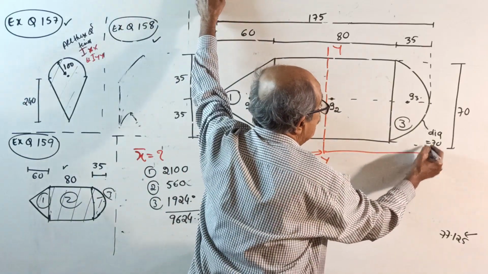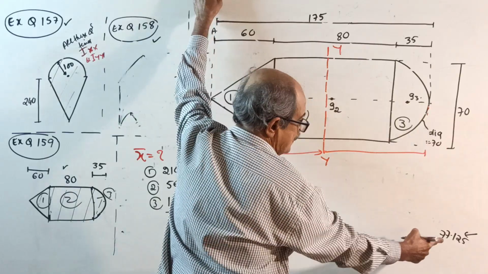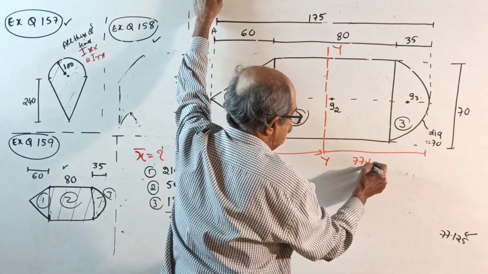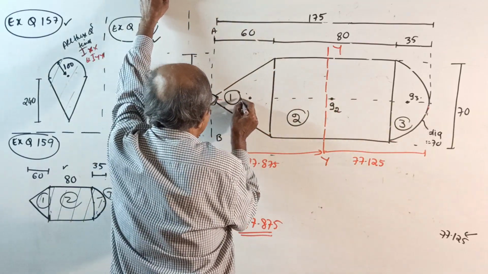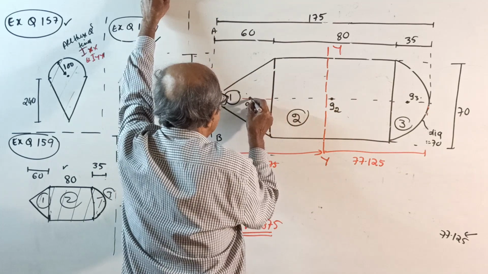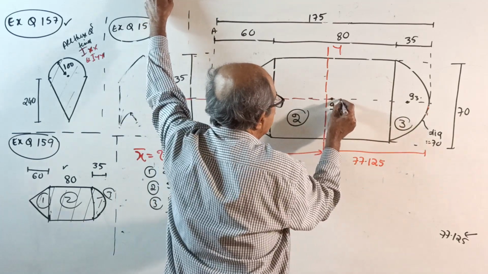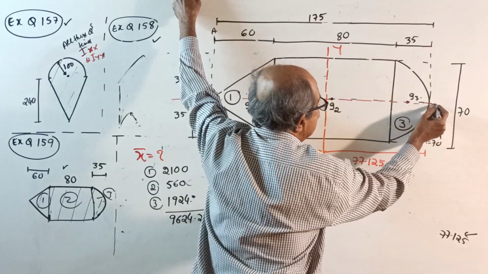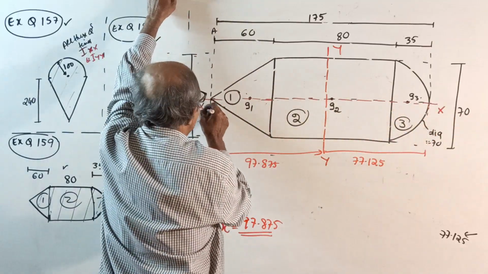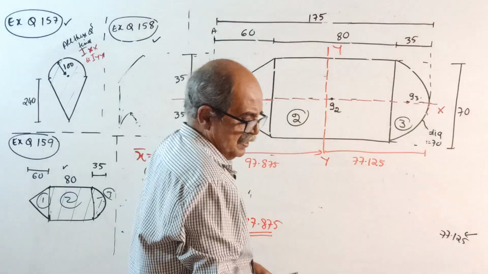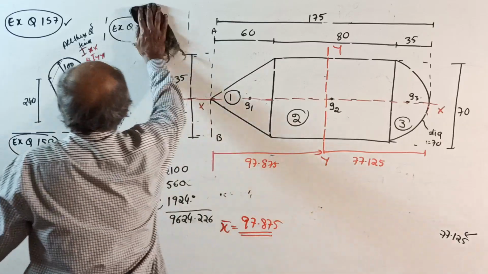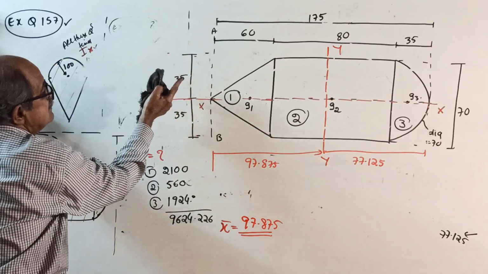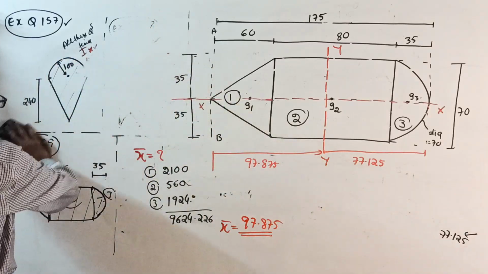This distance is up to here, 77.125. And XX axis direct. A little this side, that side, okay, adjust it. XX axis, don't bother about it being slightly shifted. Now moment of inertia required. Okay, all correct, 60, 35, all correct.